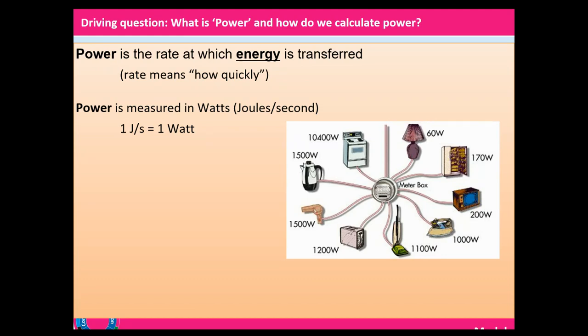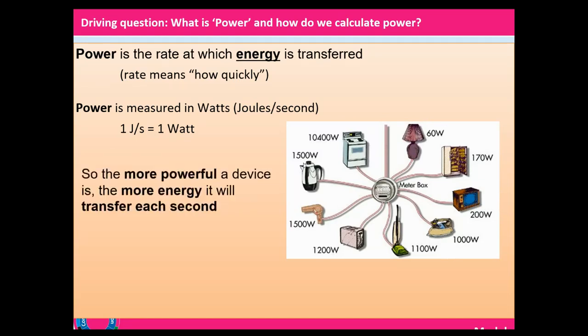We say this because for the same volume of water, or probably the same mass of water, if we want to use that word, poured into each kettle, the kettle with 1500 watts will raise the temperature of that water to boiling point quicker than the kettle with 1000 watts. So we say the kettle with 1500 watts is more powerful than the kettle with 1000 watts.